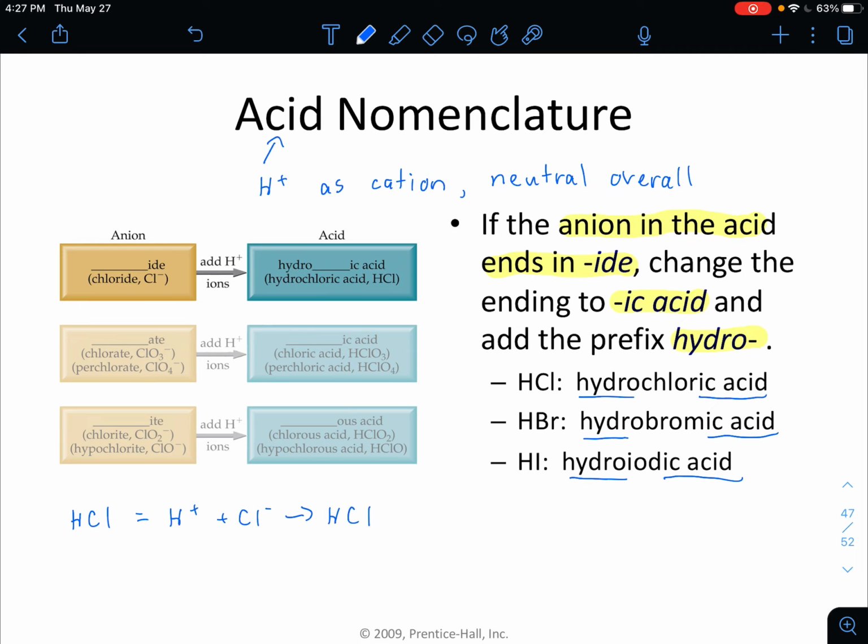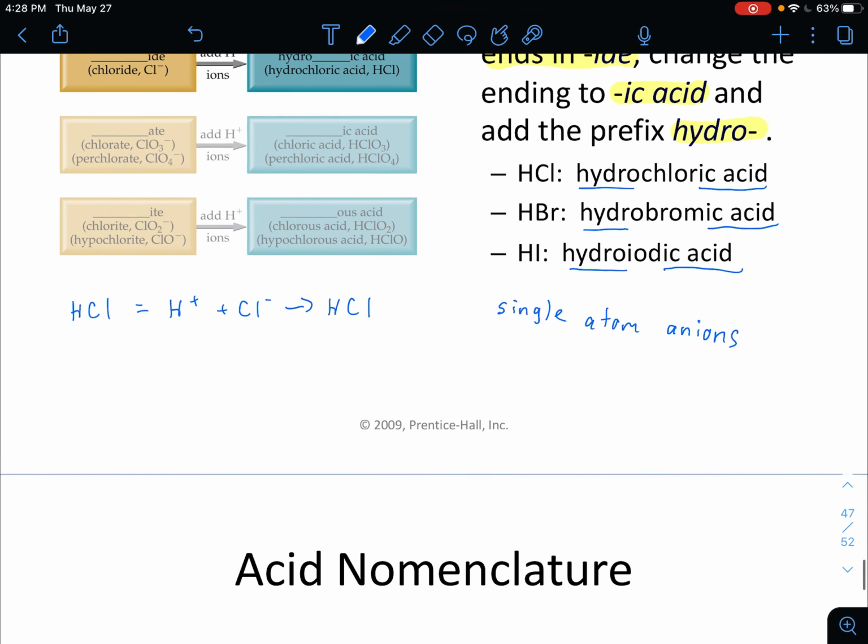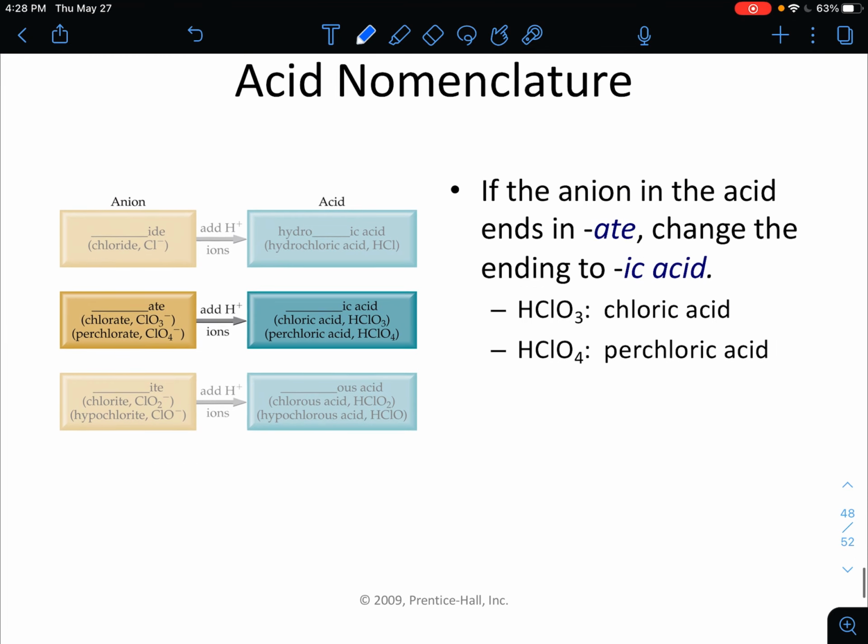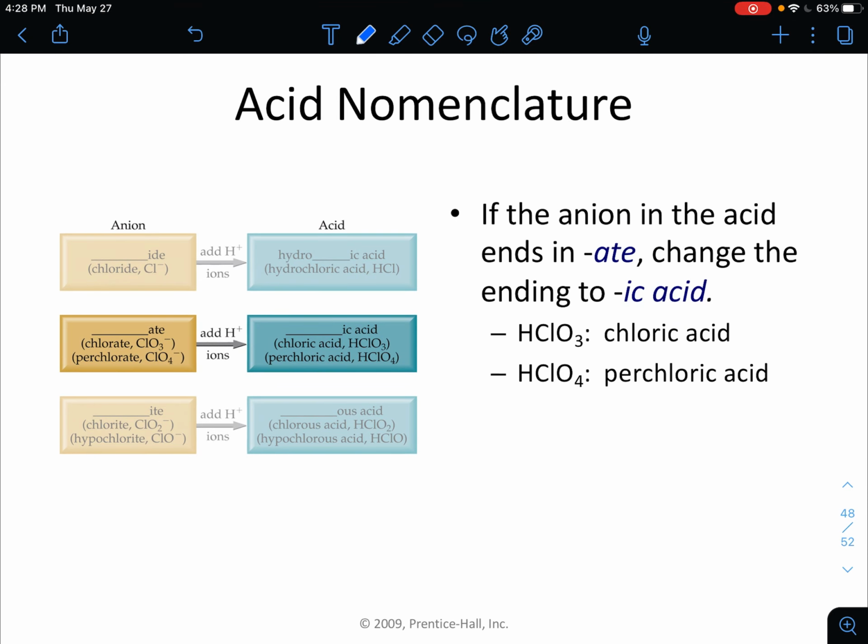Okay, so that's what happens with our single atom anions. Now, if we're dealing with a polyatomic anion paired up with H+, then there won't be the hydro prefix. We'll just go directly to the name, like chloric acid or perchloric acid, or nitric acid or sulfuric acid.